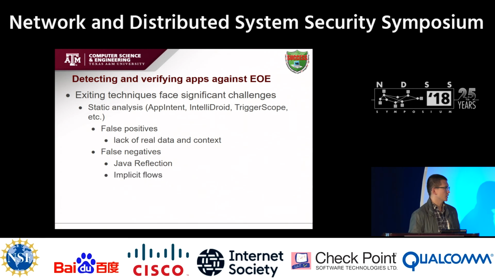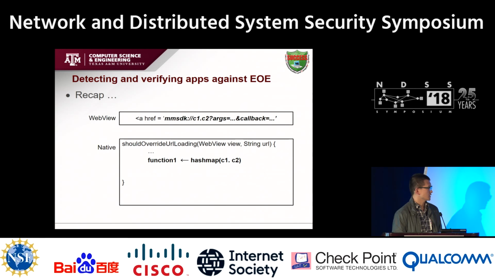More specifically, we can divide existing work into static analysis and dynamic analysis. Static analysis usually has very high false positives and may also have very high false negatives in native handler analysis. It is because of the existence of implicit flows, as I showed in this example.